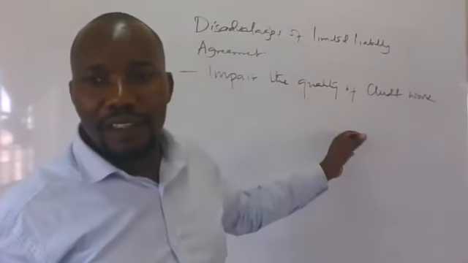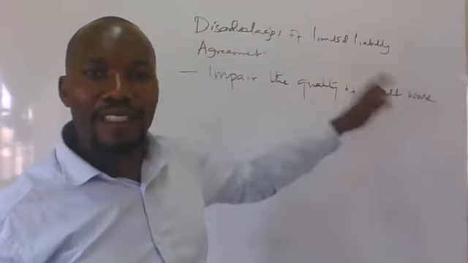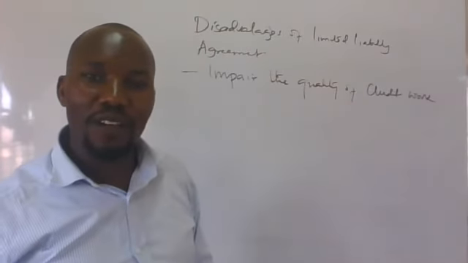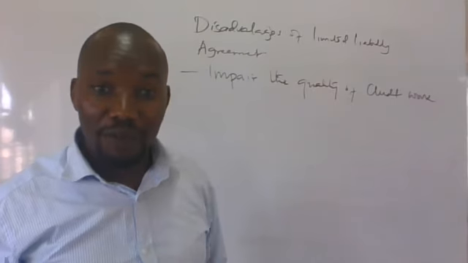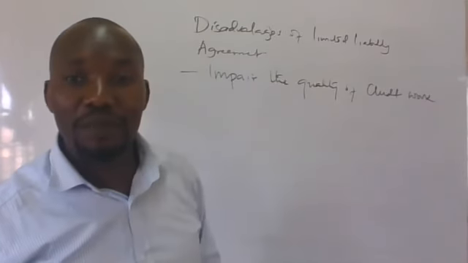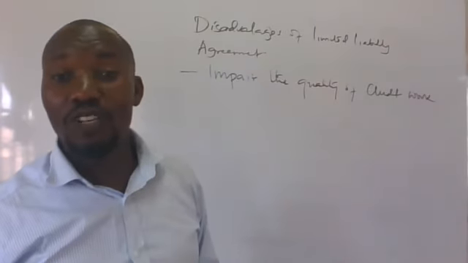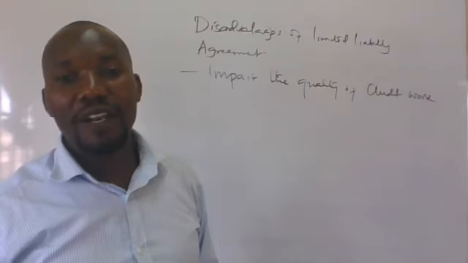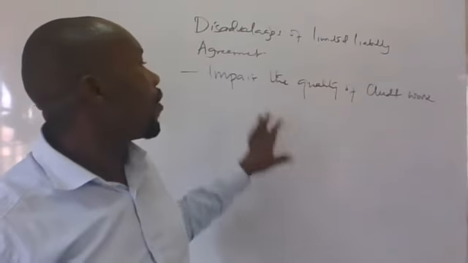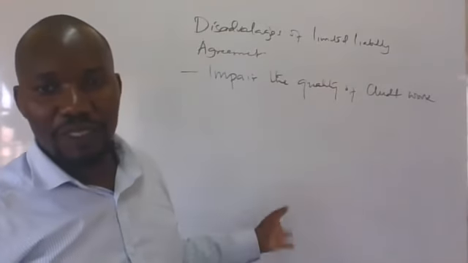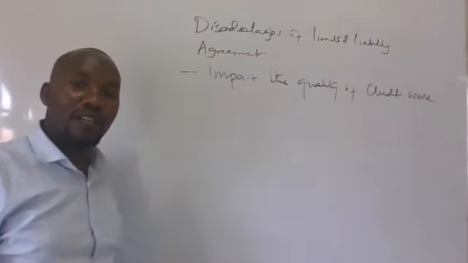You will be too lazy. As an auditor you will be lazy because you know after all, if I have to pay anything, I will not pay a lot of money. I can know what I can pay. So I'll become lazy. So the quality of the audit work will be reduced.